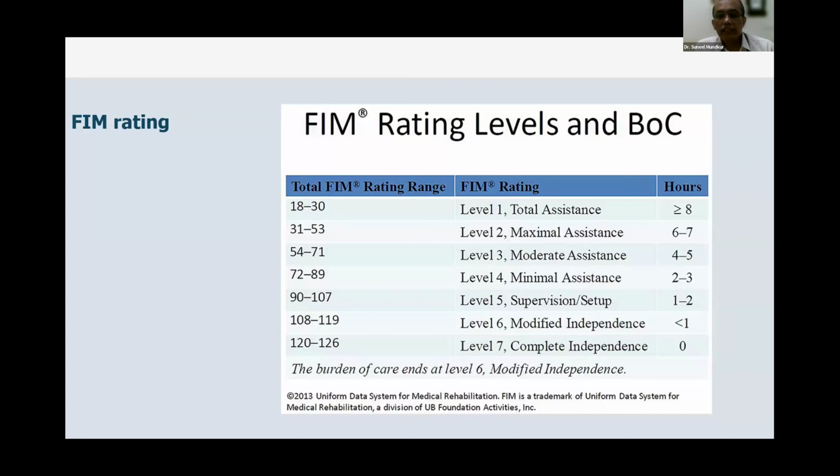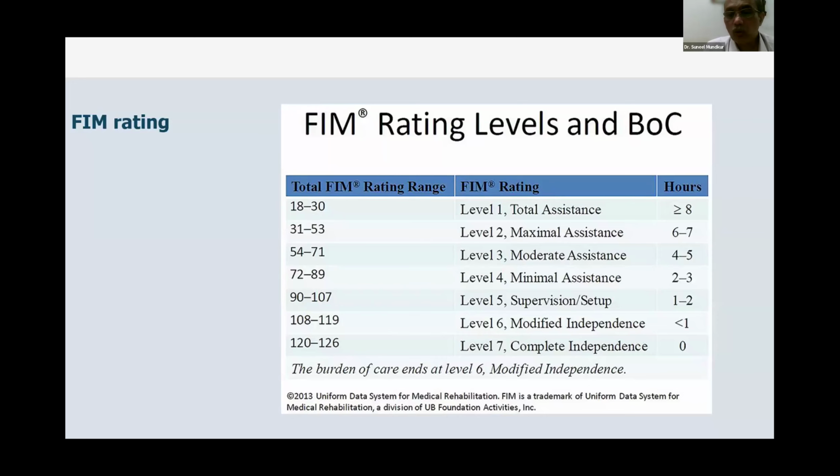It is clearly mentioned in the FIM rating how this is graded based on the FIM scoring. And since there are 18 measures with scores of 1 to 7, it comes to a maximum score of 126 and a minimum score of 18.